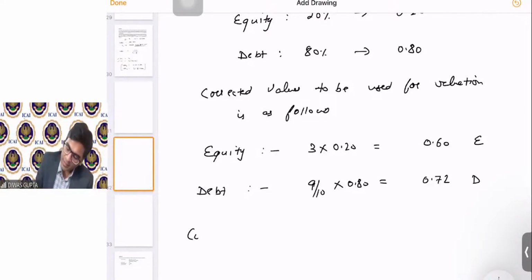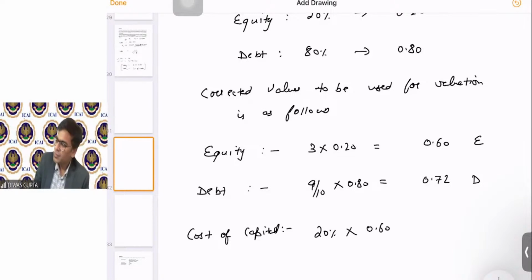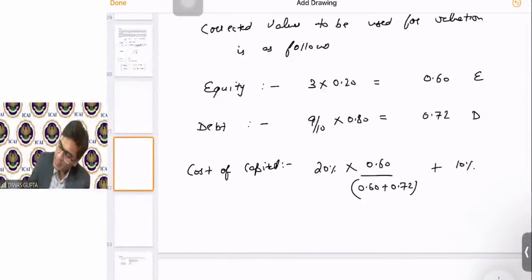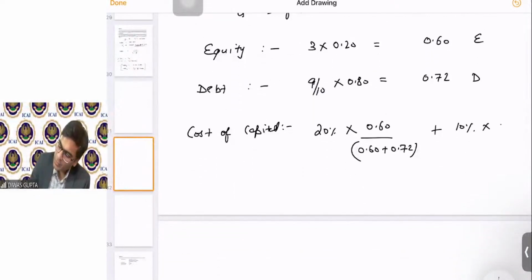Basis this, the cost of capital comes out to be 20% on 0.60 divided by 0.60 plus 0.72. Correct? So equity plus debt put together, carrying the equity-related value on 20%, plus the post-tax cost of debt of 10% multiplied by 0.72 divided by 0.60 plus 0.72, students.